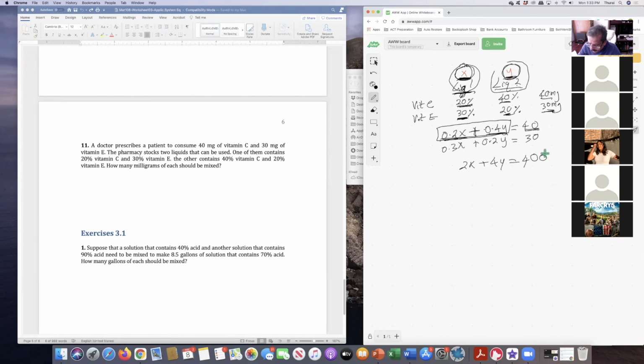I multiply it by 10. The second one is 3x plus 2y equal to 300. Now, the solutions of these two equations and the solutions of the original two equations will be the same. Multiplying by 10 is not blowing up the answers by 10. The solutions are identical for this system and this system.